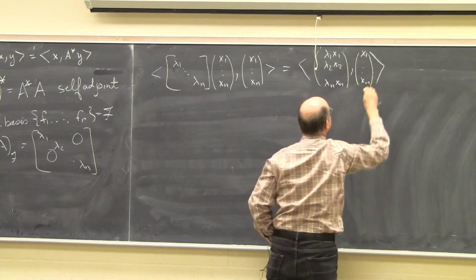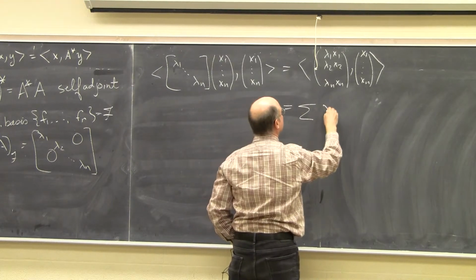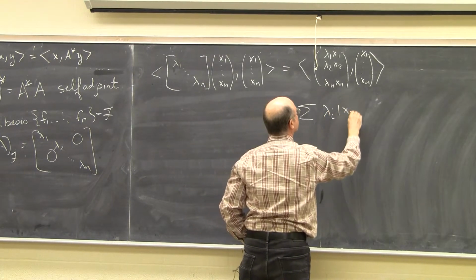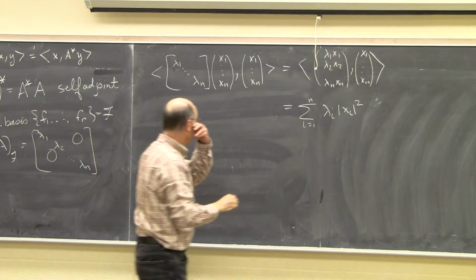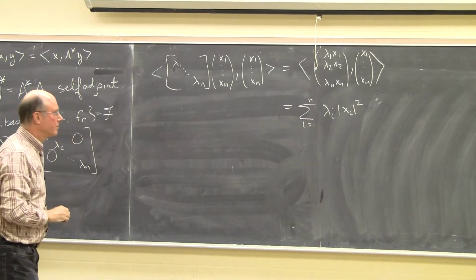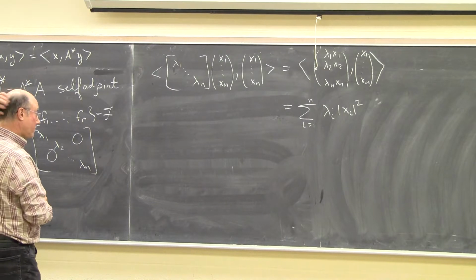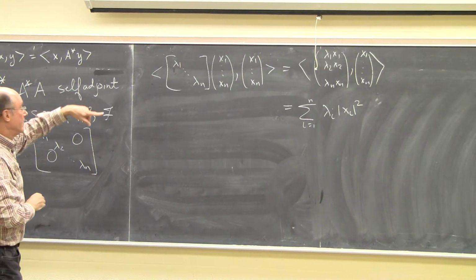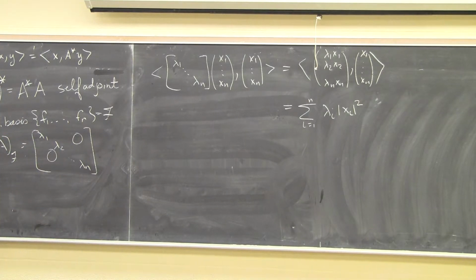And that's the sum of lambda i times xi squared from i equals 1 to n. So in particular, you can see that this is always some convex combination of the eigenvalues.